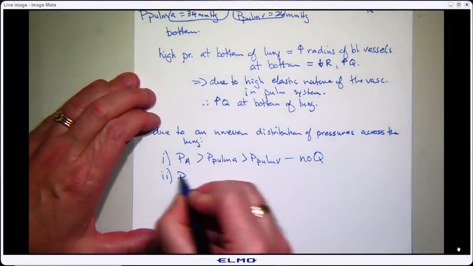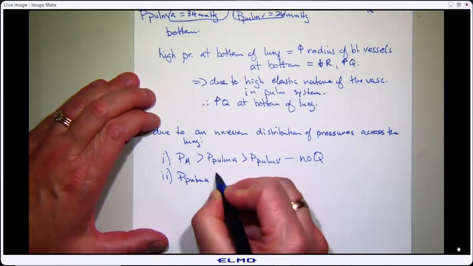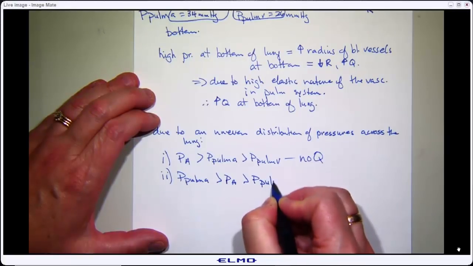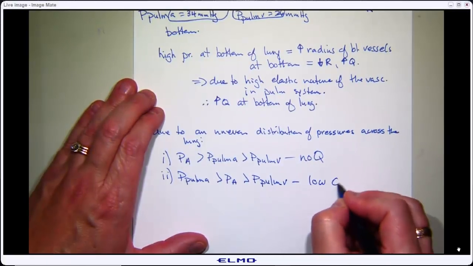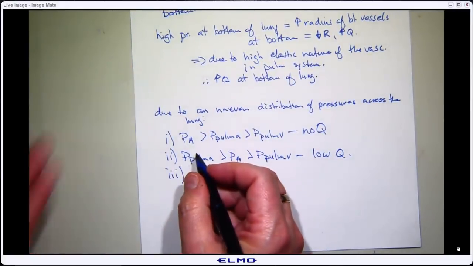There will also be regions where pressure in the pulmonary artery is greater than pressure in the alveolus, is greater than pressure in the pulmonary vein. So places where we're going to get low flow, that intermittent flow, and then places where we're going to get high flow.